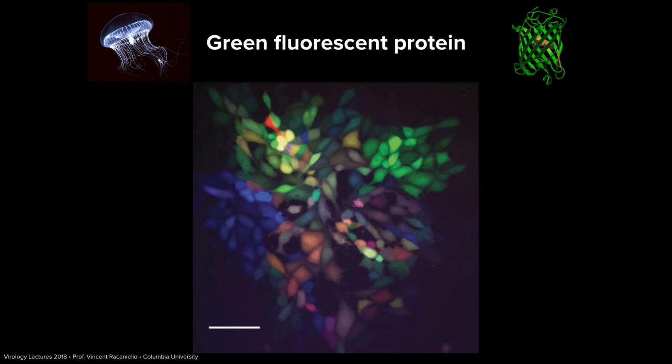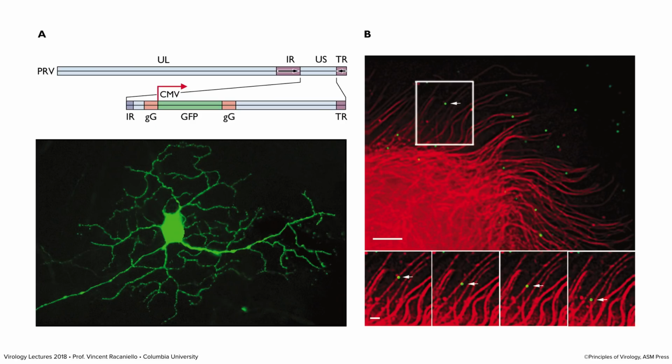One of the really neat applications for these fluorescent proteins is that now we can do single virus particle tracking. We can see, because we have great high resolution microscopy and we have these fluorescent proteins which basically amplify the size of a virus particle, we can see single virus particles tracking. So here on the left, the gene encoding GFP has been inserted into the genome of a herpes virus.